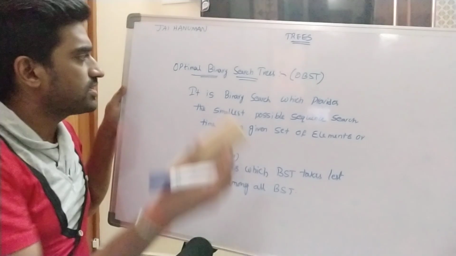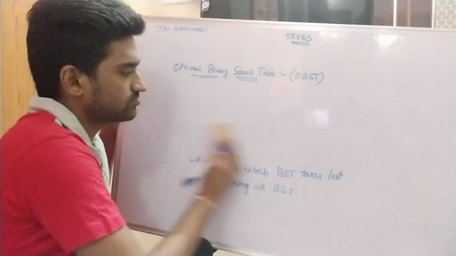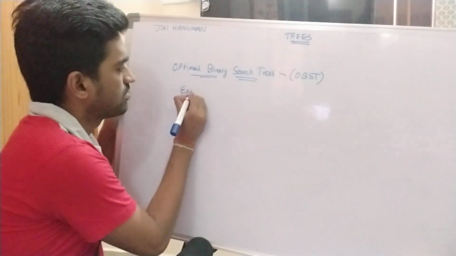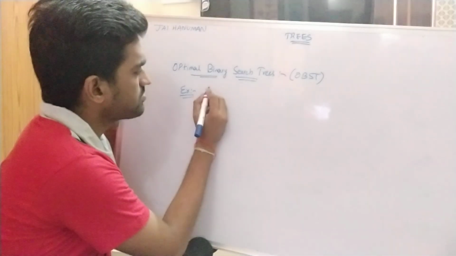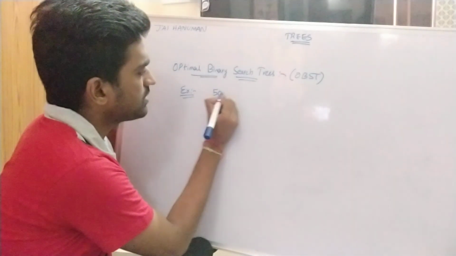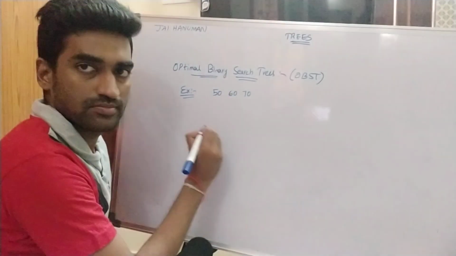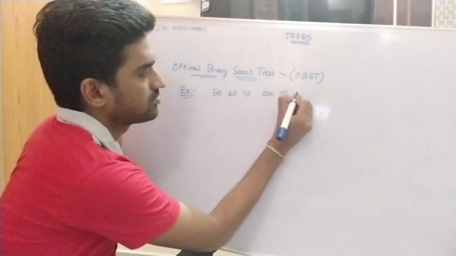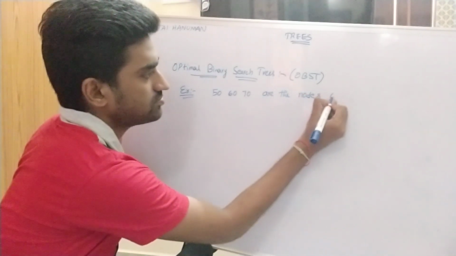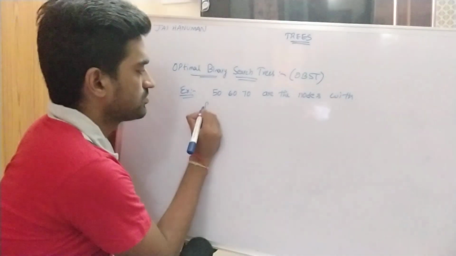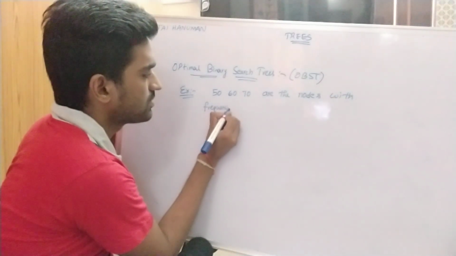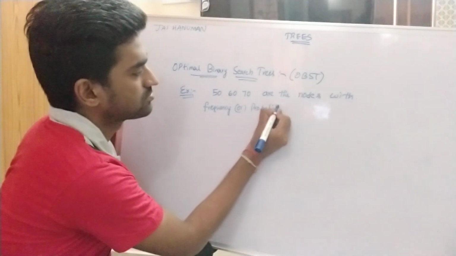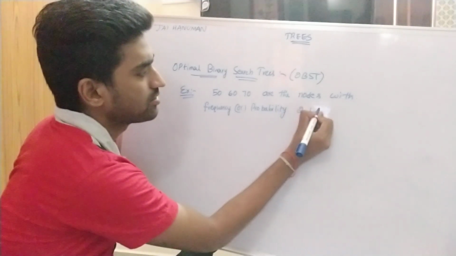So here I am taking one example. Suppose I am taking 50, 60, 70 as the nodes with frequency or probability 2, 1, 3.